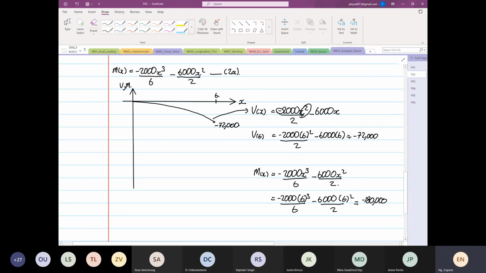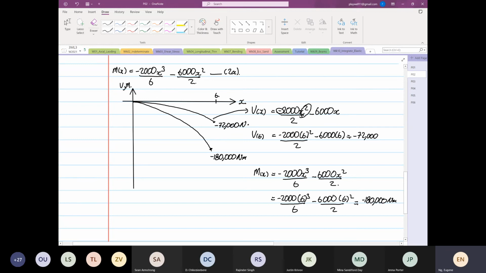So minus 180,000 is somewhere around here. It's a third order polynomial, but the highest order term is still minus, so it still shows a sad face. Okay. So this is our minus Newton meter.